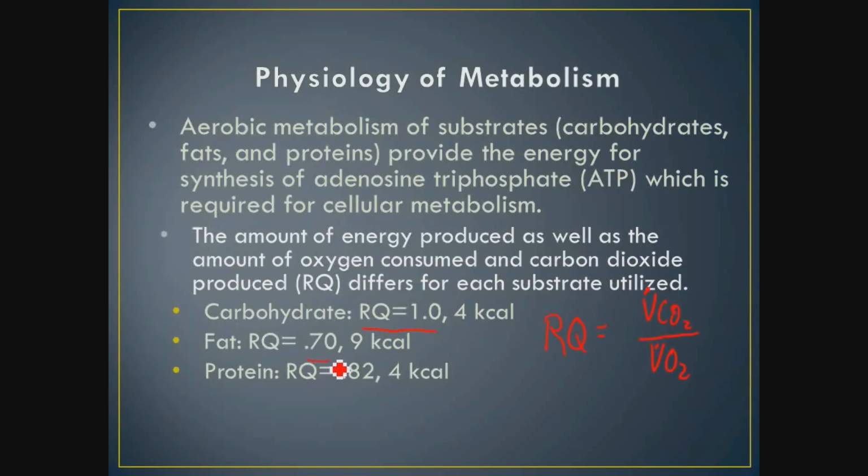If you take a look at the other two, burning of fats and burning of proteins, it's considerably less. So from a dietary standpoint, patients with chronic lung disease who have difficulty removing CO2, wouldn't it make sense to put them on a high protein, high fat diet and not a high carb diet? This is what we try to do.